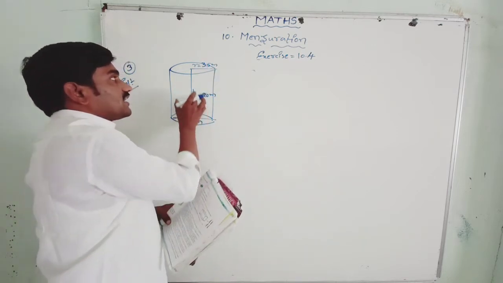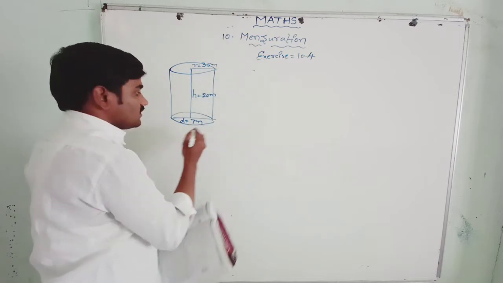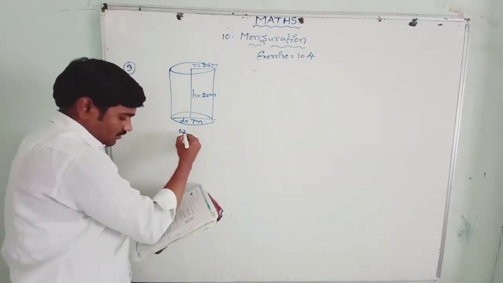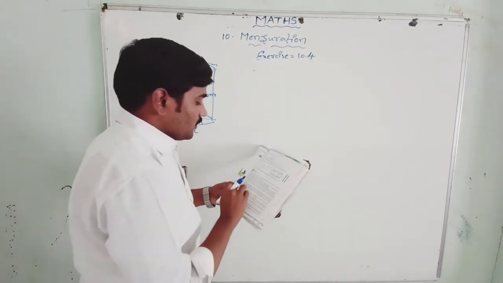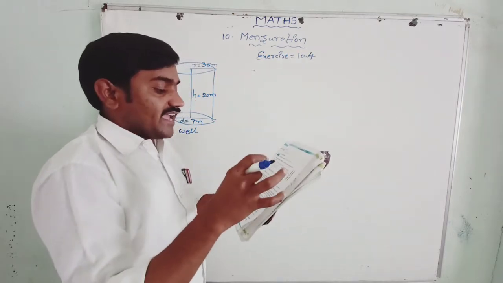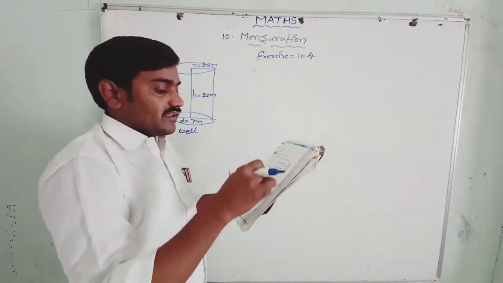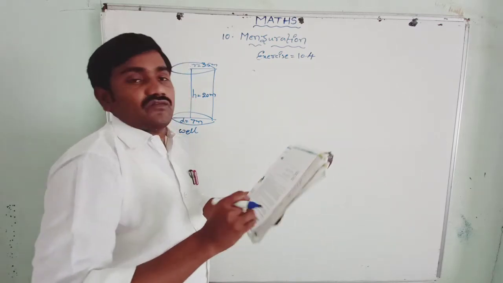So the earth, the mud which we have taken from this well, diameter 7 meters. And the earth got by the digging is evenly spread out to form a rectangular platform.